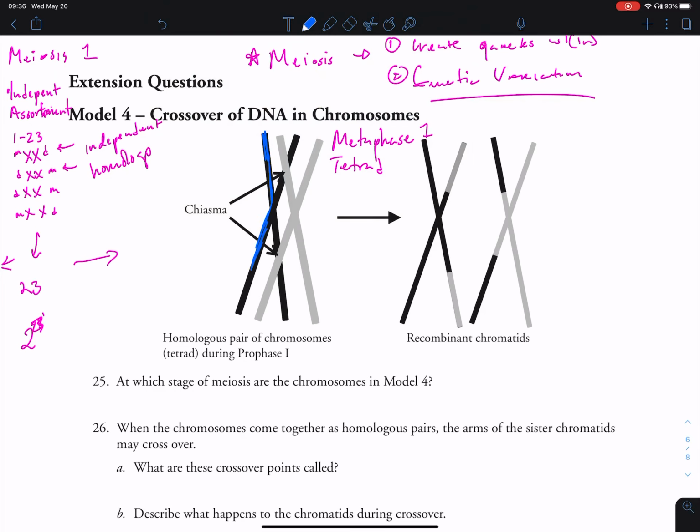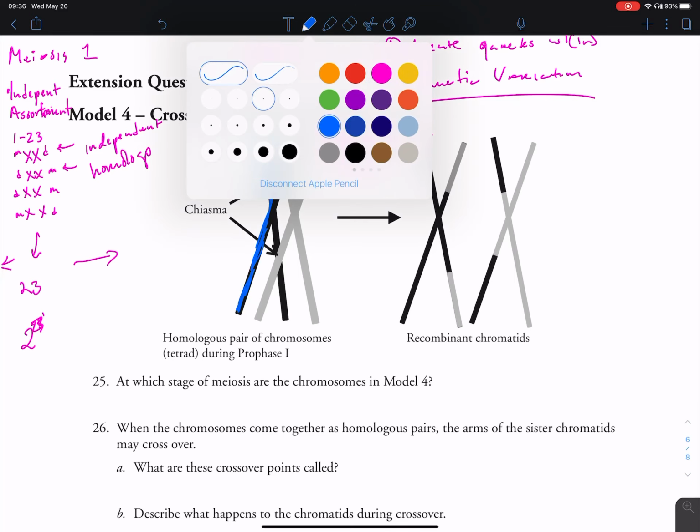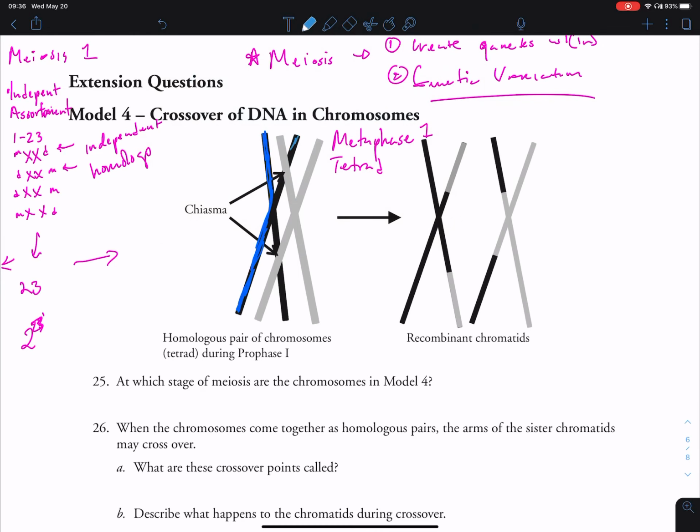So this is one sister here, and this is another sister here. And so what will happen is that the inner sisters, so this sister right here and this sister right here, will cross over and exchange genetic material and just do a clean swap. So we're cutting at exactly the same place and just essentially swapping DNA.